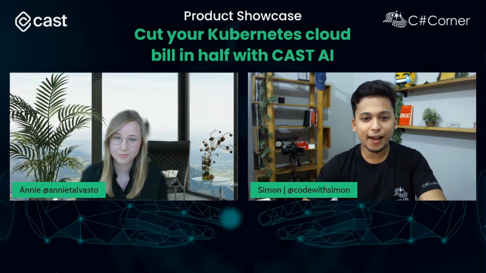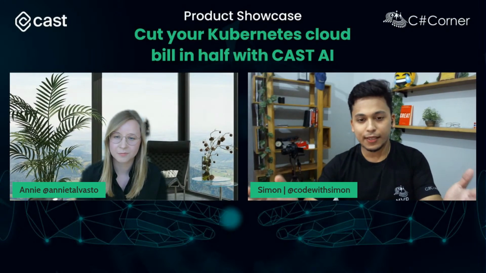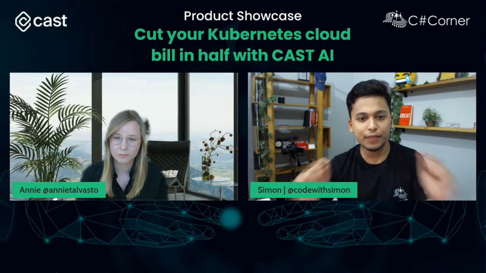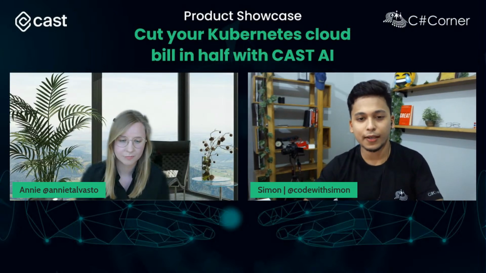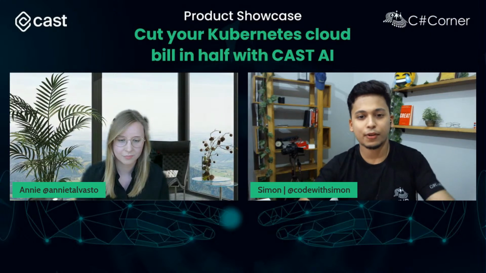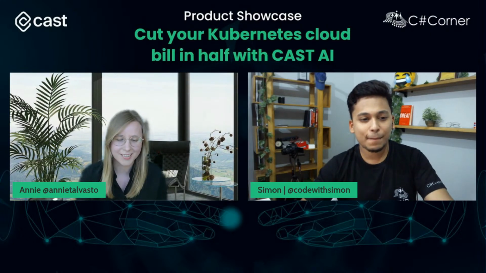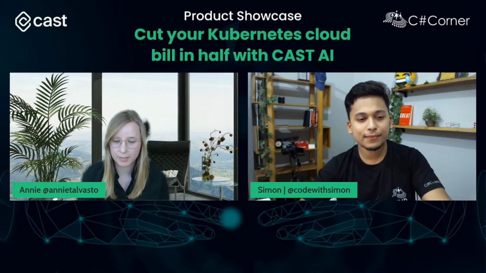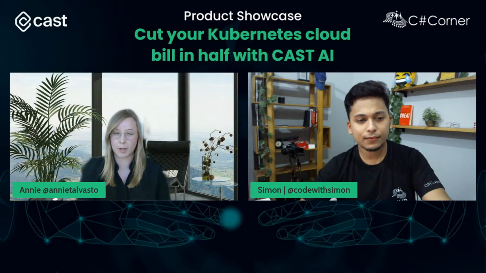Absolutely amazing. Annie, you did say that you recently moved to Cast AI. Could you give a brief introduction about what Cast AI is and what the product is all about? Yes, very much so. Cast AI combines instant AI-driven cloud optimization with Kubernetes. It's one platform that cuts your cloud bill in half, boosts the power of DevOps by 10, and guarantees business continuity by preventing downtime.